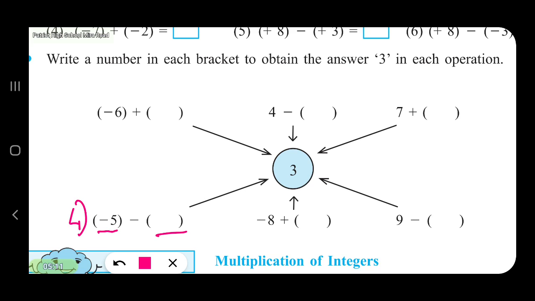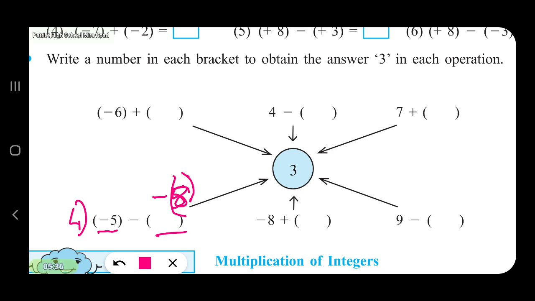So minus of minus, say suppose 5, so it will become plus 5. Minus 5 plus 5 will be 0. So we need something bigger than that. So suppose we take minus 5, and the number has to be slightly bigger than that. So instead of minus 5, suppose we take 8, minus 8.